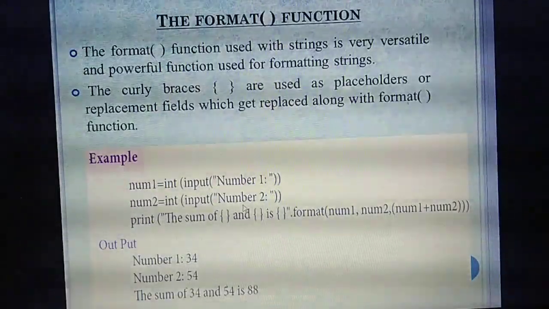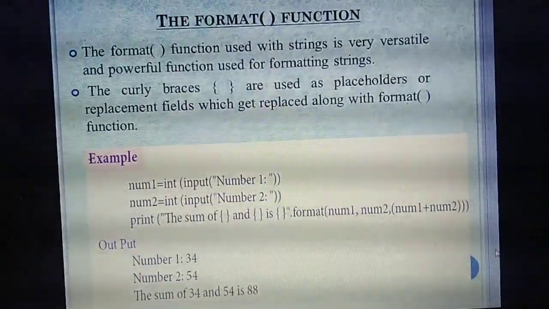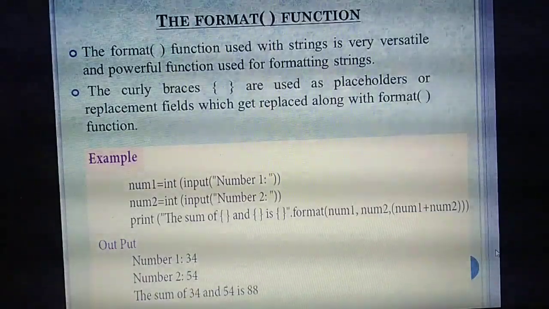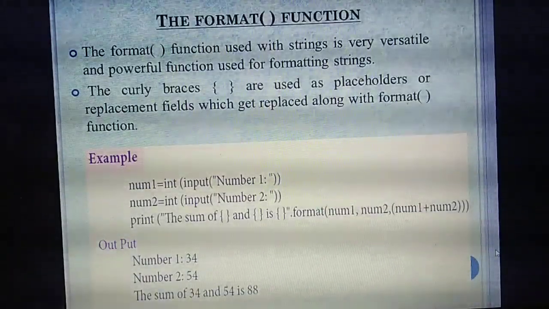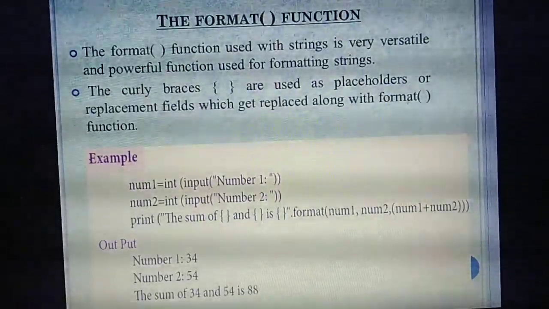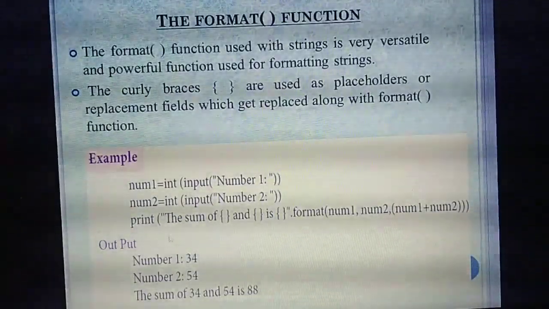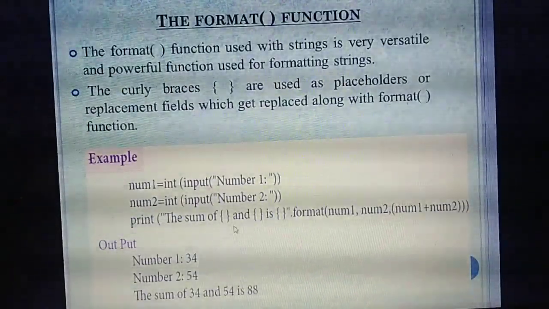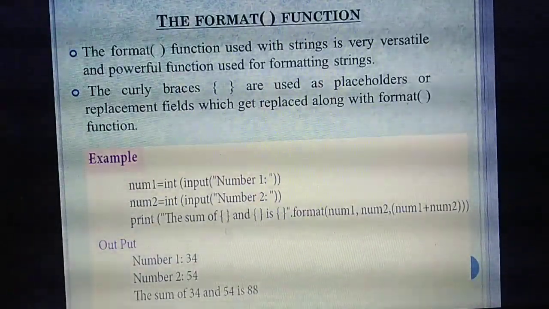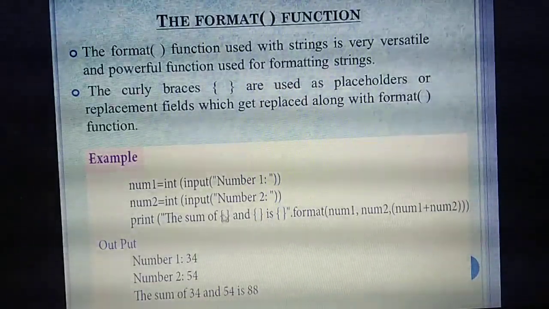Next you are going to print the sum of the two numbers. Normally, to sum, you will simply add two numbers. But here you are going to use the formatter function to add two numbers. Which symbol do you need to use? Curly braces. In the print statement you give a sentence: the sum of. What is the meaning of this curly brace? Whatever value you give will be held inside the curly brace.